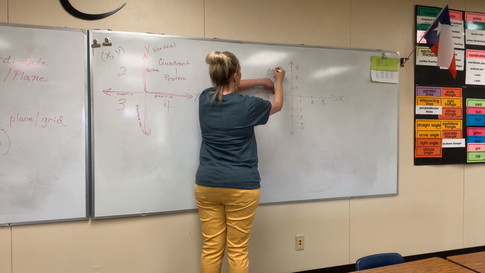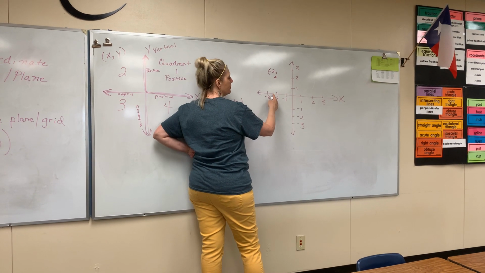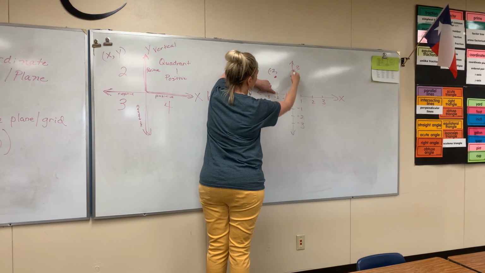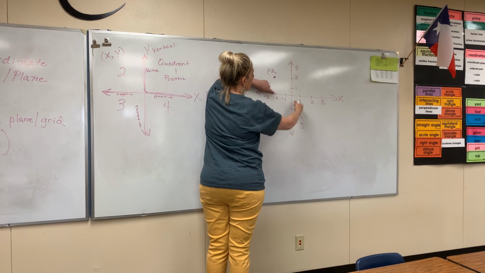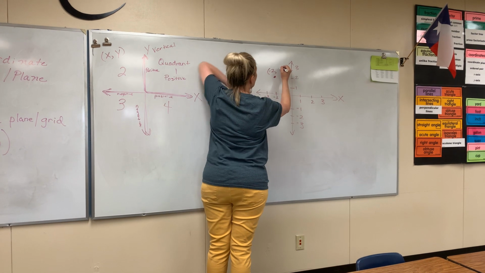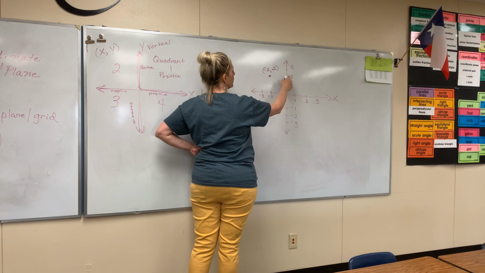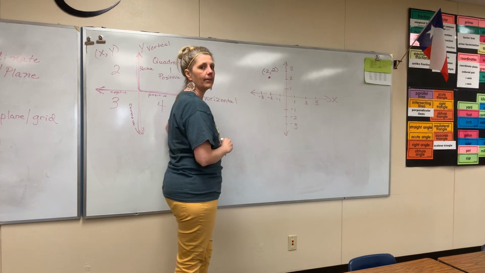So the x is a -2. Now then, I'm going to look on the y. Well, here's the y-axis. Where is that dot located on the y-axis? Boom, at a +2. So you would name that dot -2, 2. And that would be his name.